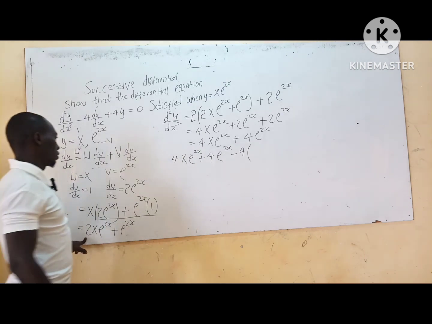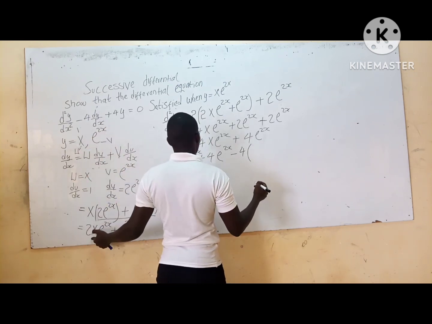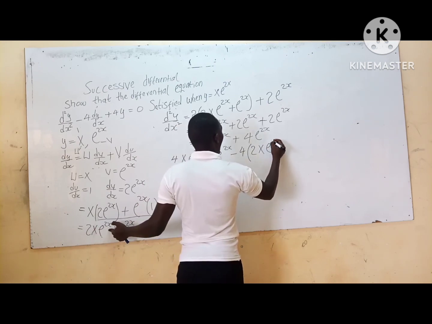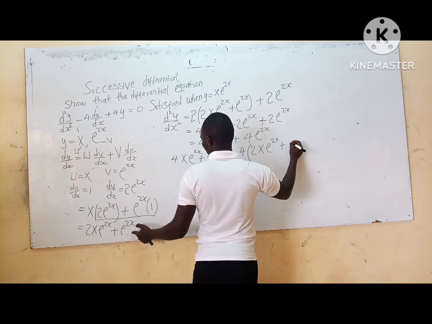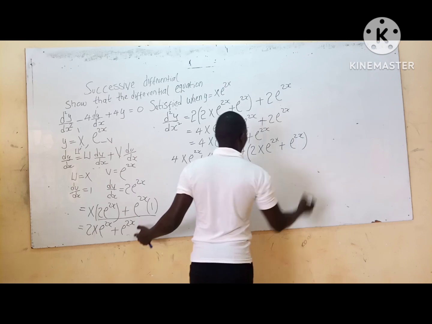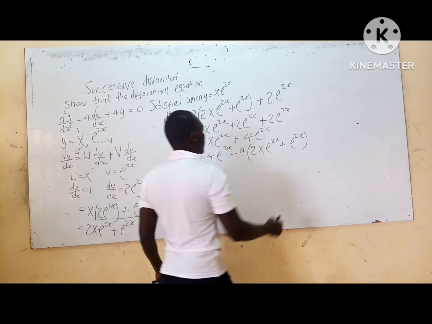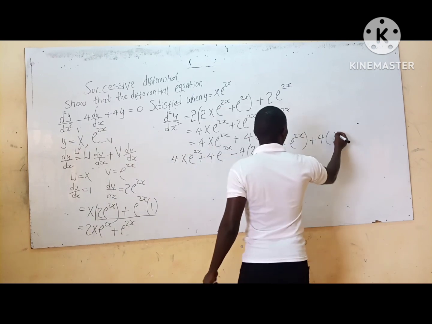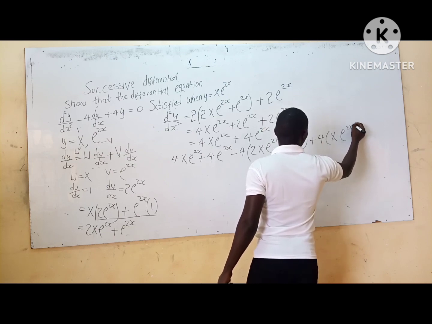When we take this one, the differential dy with respect to dx was equal to 2x exponential 2x, we add exponential 2x, and lastly we are going to have 4 multiplied by x exponential 2x.